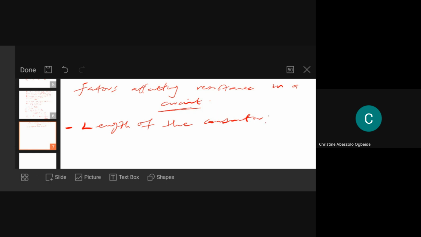The effect is such that if you increase the length of the conductor, you are actually increasing the resistance of that conductor. All right. So increasing the length of a conductor means increasing the resistance of the conductor. What that means is that, let's say you have a generator and you turn on your generator and you keep it about 5 meters or 10 meters away from where it's being connected.